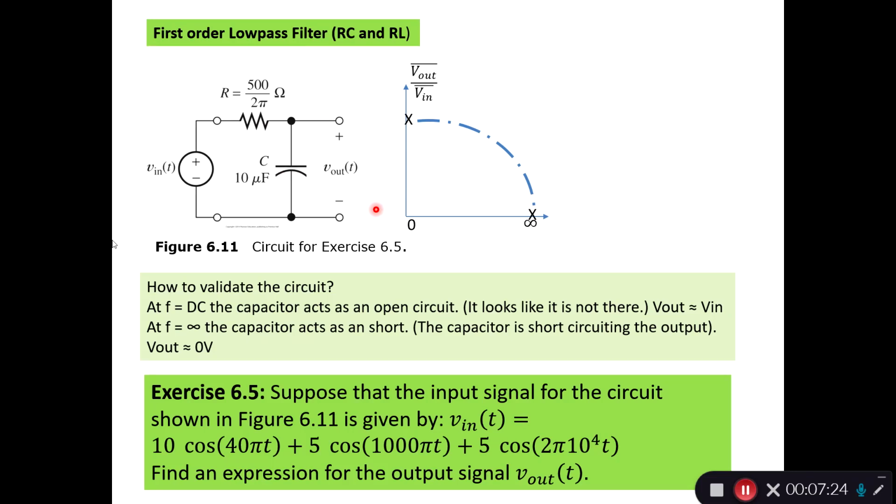To test if our assumption about the circuit is true, we apply an input voltage with a frequency of 0, meaning DC level. How would the circuit then behave? If Vin has a DC component, then the capacitor is an open circuit.